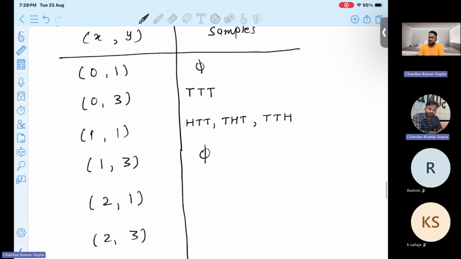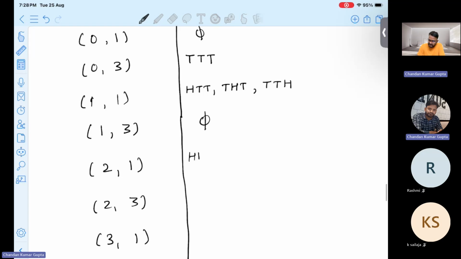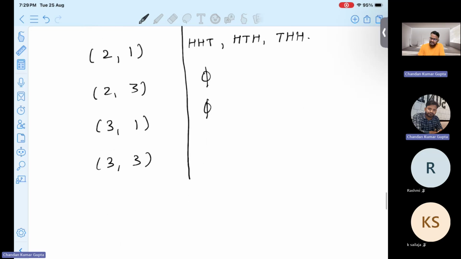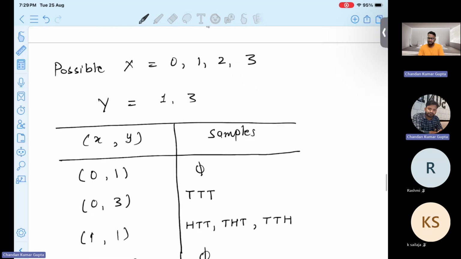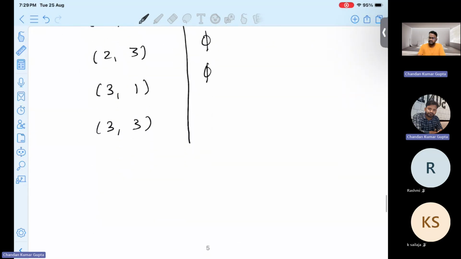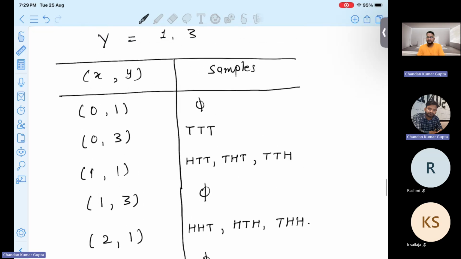So it contains HHT, HTH, THH. Then for 2, 3 it contains 0, and then for number of heads 3, the difference is 3. So obviously HHH is the outcome. So these are the probabilities, the formation of the joint probability.